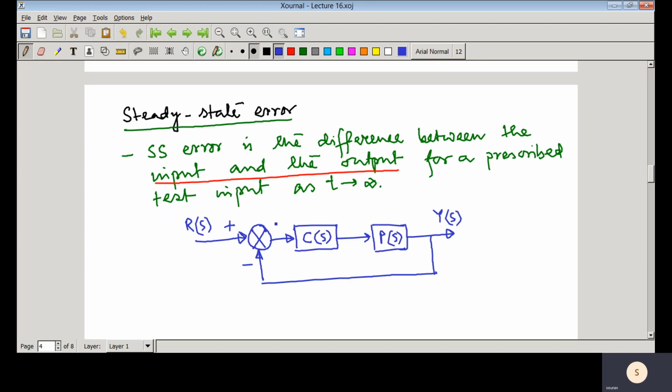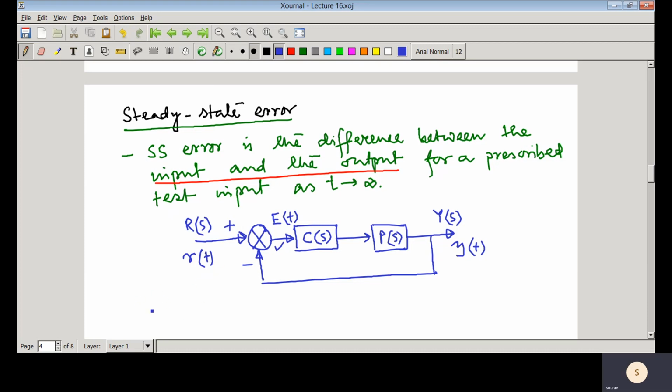So basically the error signal is what we get here. Suppose the reference command is r(t), that standard signal, and here you have y(t). So what is the steady state error?